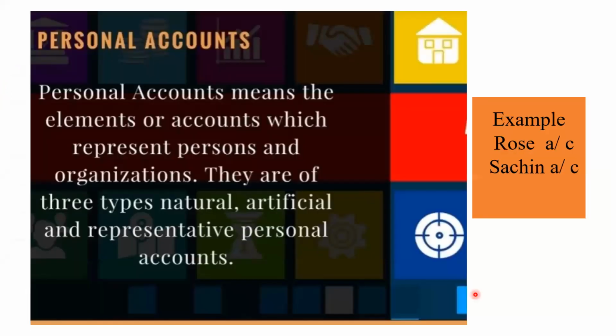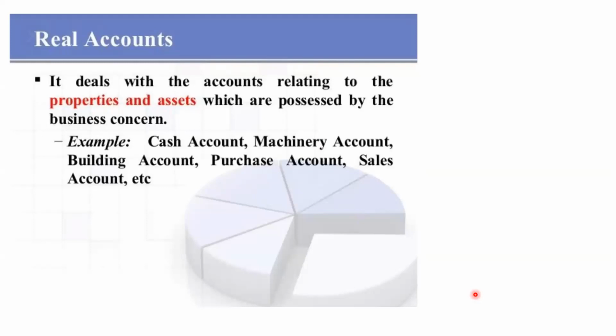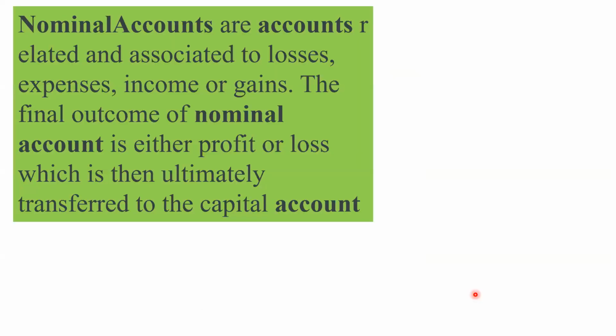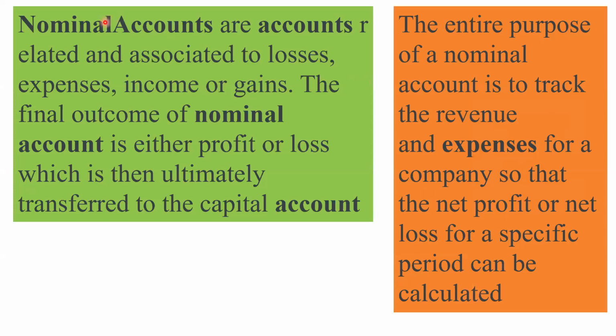So which is the first account we saw? Personal account is done. Second is real accounts we have seen. And now we are going to see the nominal accounts. What is a nominal account? Nominal accounts are accounts related and associated to losses, expenses, income, or gains. Understood?